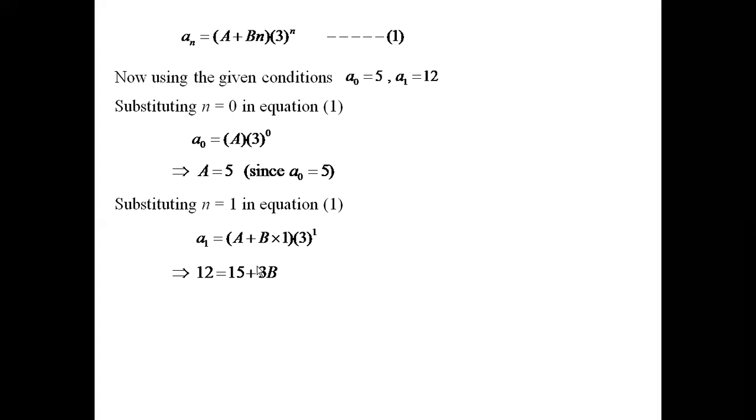Multiplying 3 for both the terms, it is 15 plus 3B. So on simplifying this, B value is equal to minus 1.